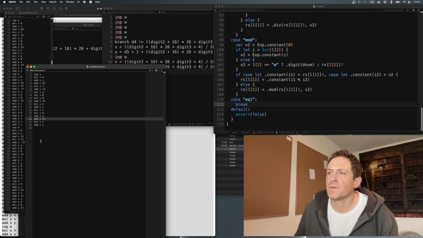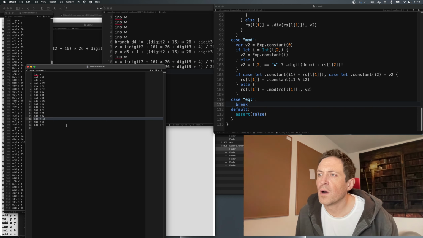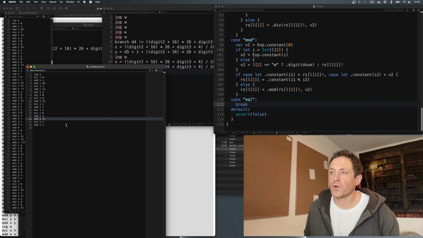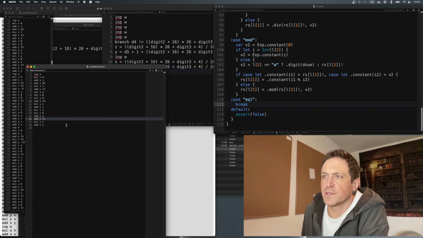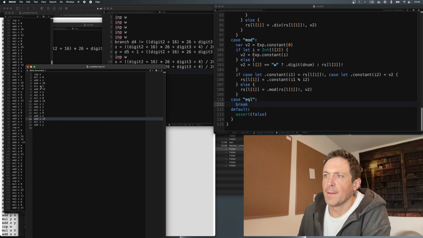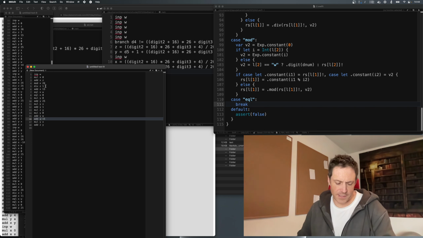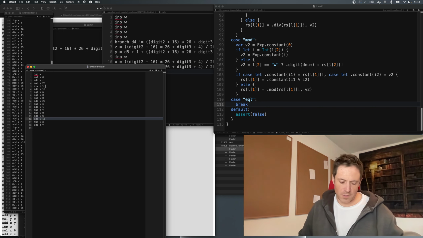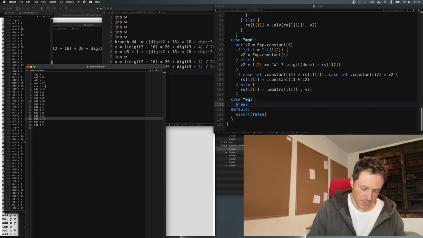Let's line those up. Now there is something new here, isn't there? After we do that, we divide z by 26 instead of 1.